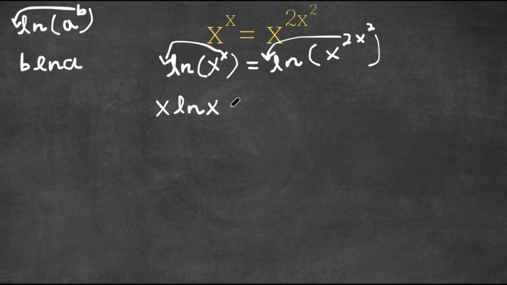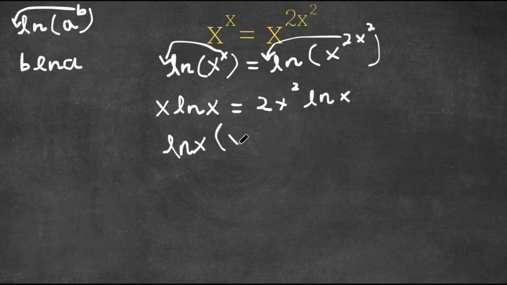So now we have x times ln x is equal to 2x squared times ln x. Now, if I factor out ln of x from this, I get ln of x times x minus 2x squared, and this is equal to 0.